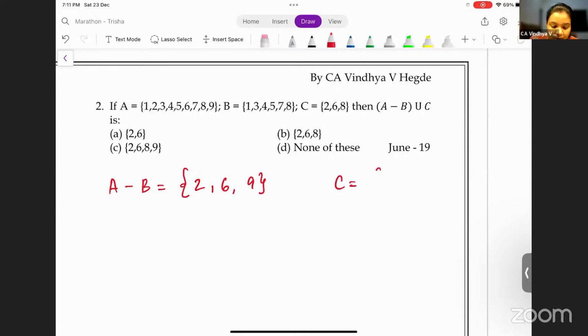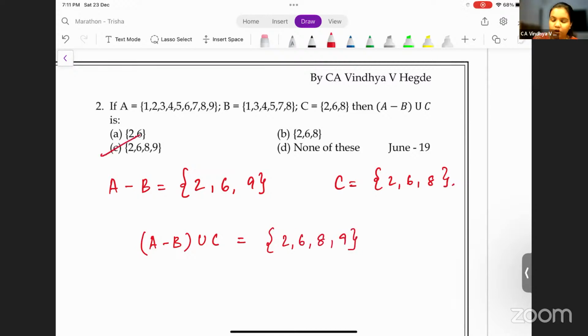And what is C? C is 2, 6, and 8. So A minus B union C is 2, 6, 8, and 9. Option C. If it was asked A minus B intersection C, then the answer would have been 2 and 6.